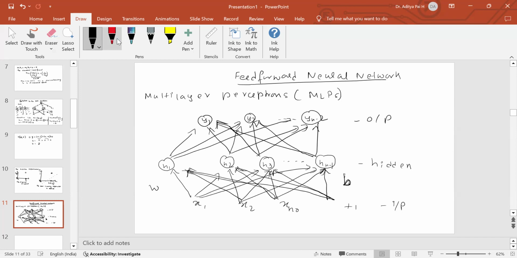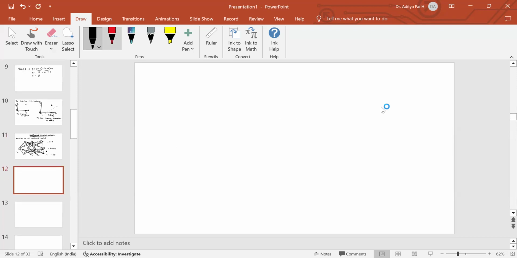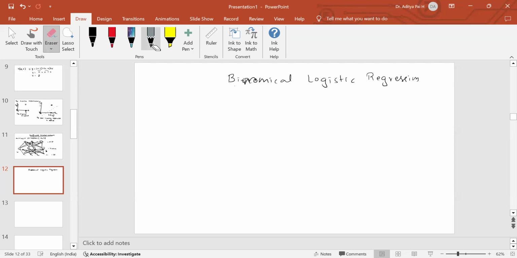So let's go with the binomial logistic regression. In binomial logistic regression, you have this input x1, up to xi, the ith input, and like that up to xn.